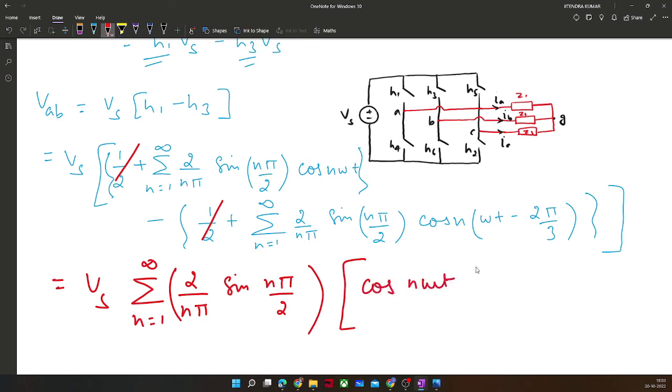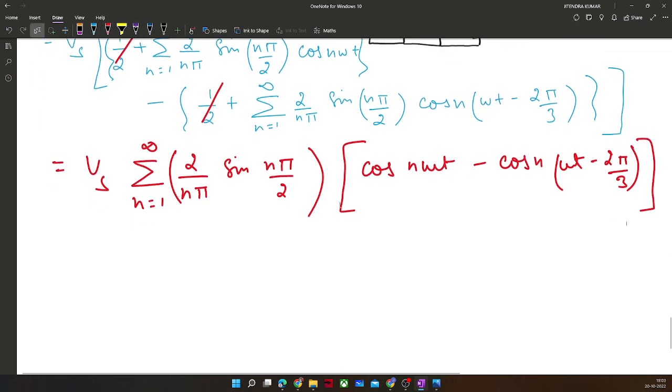Then cos n omega t minus cos of n omega t minus 2 pi by 3. Now, this is the Fourier series expression of VAB.